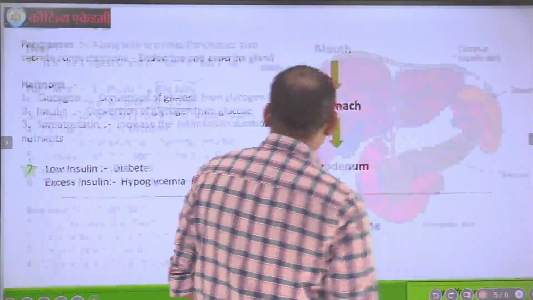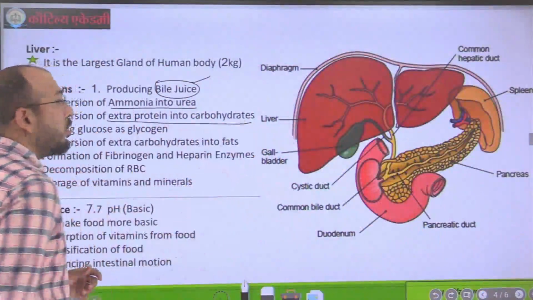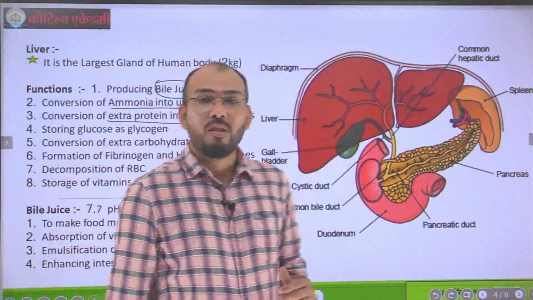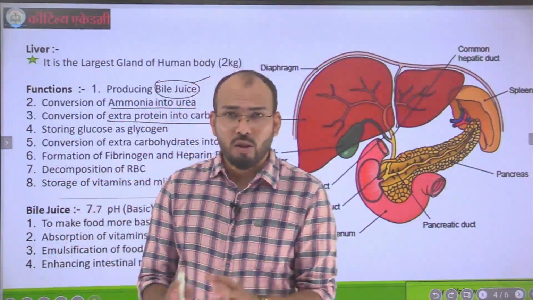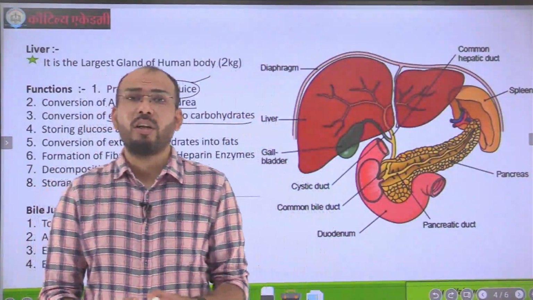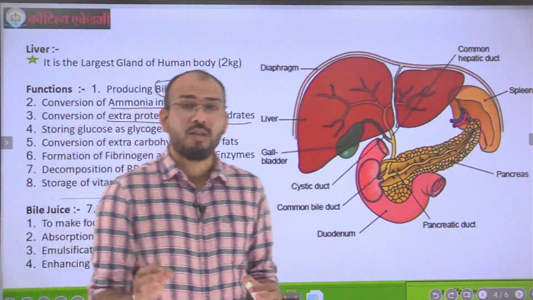After this, next is conversion of extra protein into carbohydrate. Suppose a person is only on a protein diet. Protein is responsible for growth and development, but it has a very low energy density.